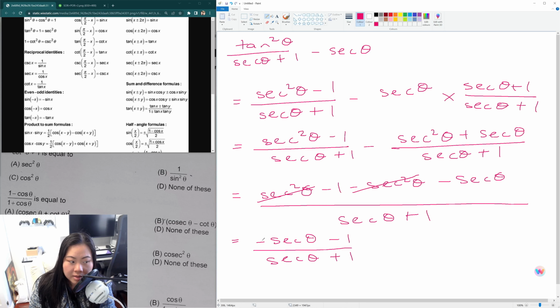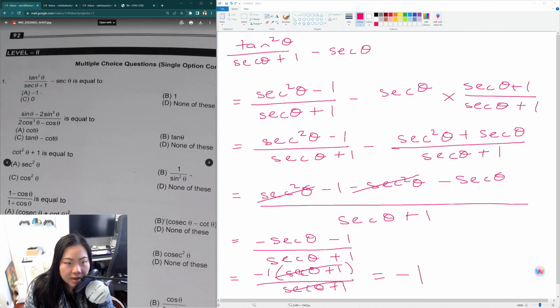Now we can take out the common factor of negative 1 at the numerator. So we have sec theta plus 1 all over sec theta plus 1. These 2 cancel and we're going to have negative 1. Okay, let's look at our answers.